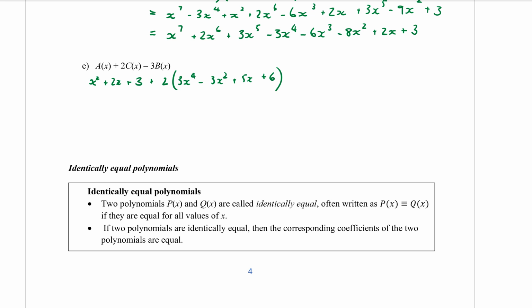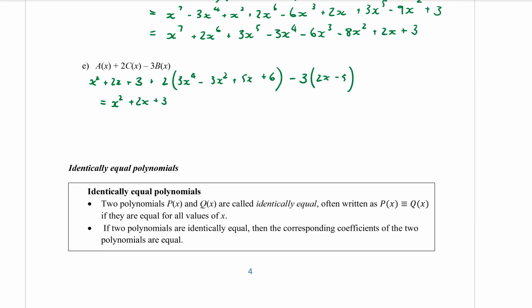And then minus 3 lots of the b of x, which is 2x minus 5. So then we just have to expand it out and collect everything up. Just a small little job to do.